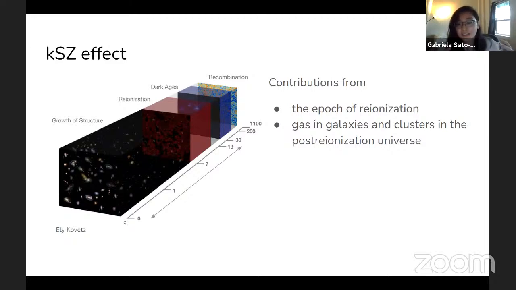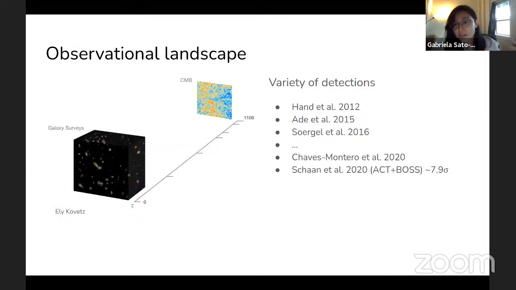And so it has been and can be profitable to consider cross correlations between large scale structure and the CMB. So this has been done. There are a variety of detections of the kSZ effect by considering these cross correlations. More recently, with ACT and BOSS. Apologies for the incomplete list.